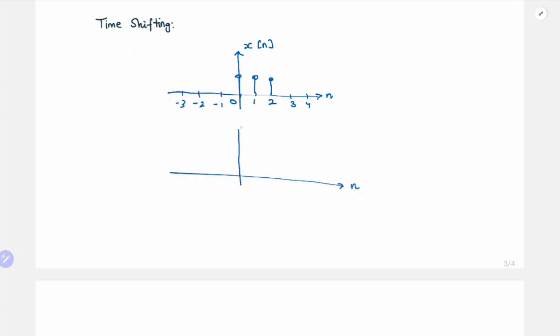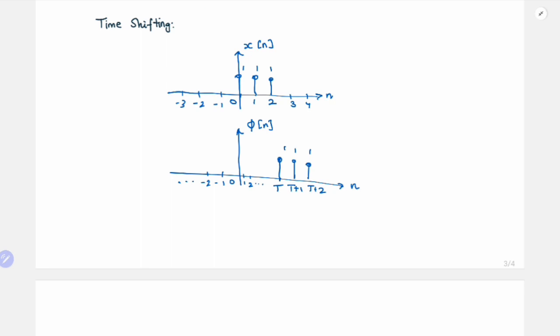Let's call it a new signal phi of n. I'll shift it to the right by t units. So what will I get? My amplitude will remain the same. I'll take 1, 1, 1, 1, 1, 1. So 0 will go to t, this will be t plus 1, t plus 2, right? And here you will have 0, 1, 2, and so on. This side minus 1, minus 2, and so on.